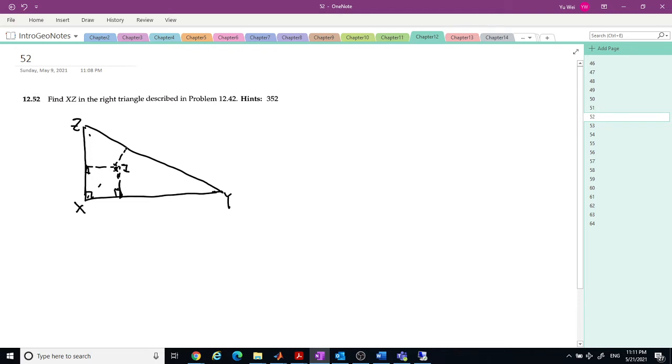Here are the touch points, for example P, Q, R, and we know this length is 6, and this length is 3.